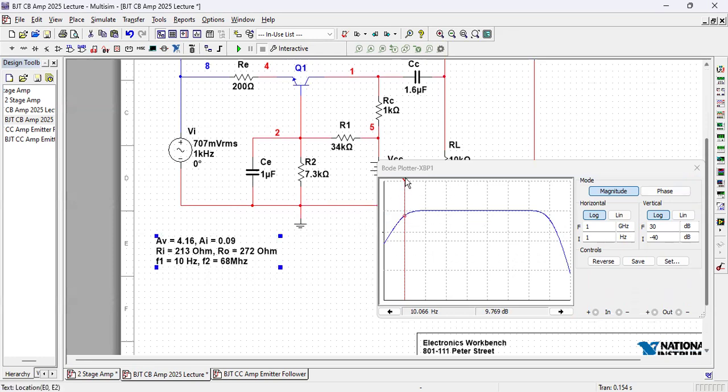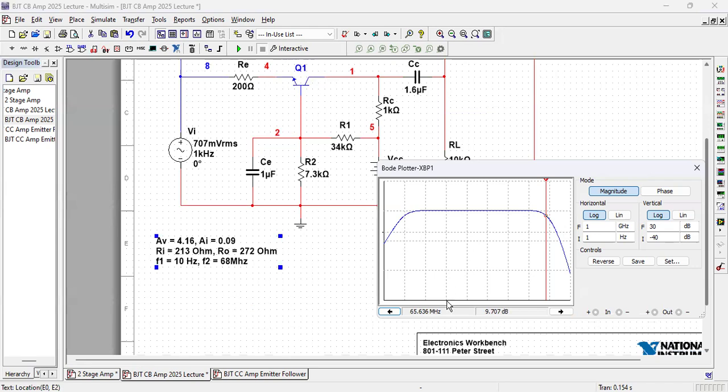And the upper cutoff frequency again, we have to measure. This was 12.8. I have to go to 9.8. Let me try manually. 9.1, 9.4, 9.7.